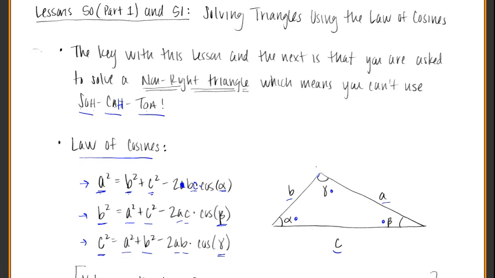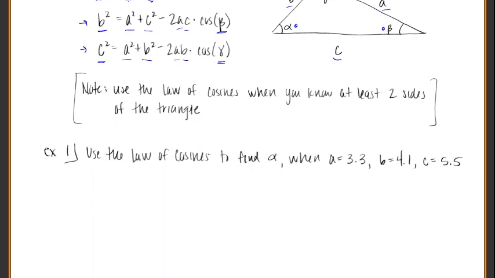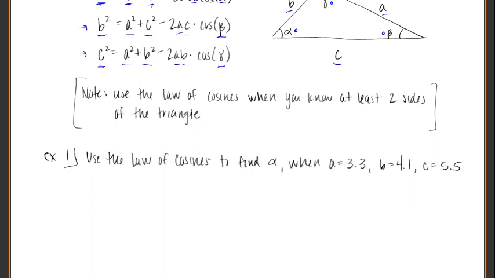Well, let's get into an example where we can use the law of cosines. We want to find alpha. What's given to us is side A, side B, and side C. Since I want to find alpha, the formula I'm going to use is A squared equals, because when you have A on the left, you get to use alpha as your angle.